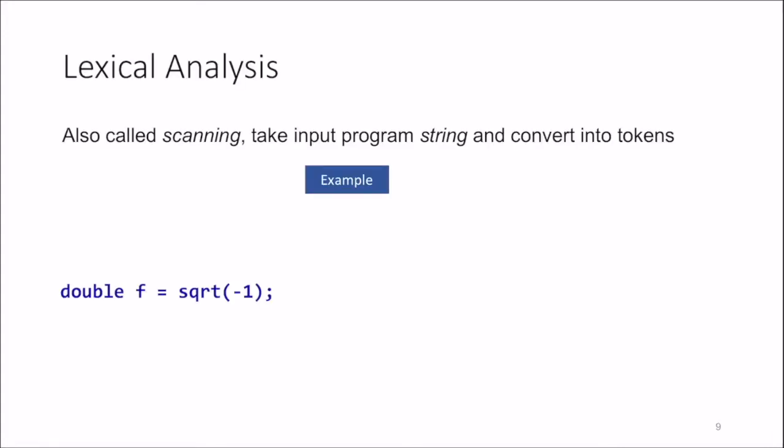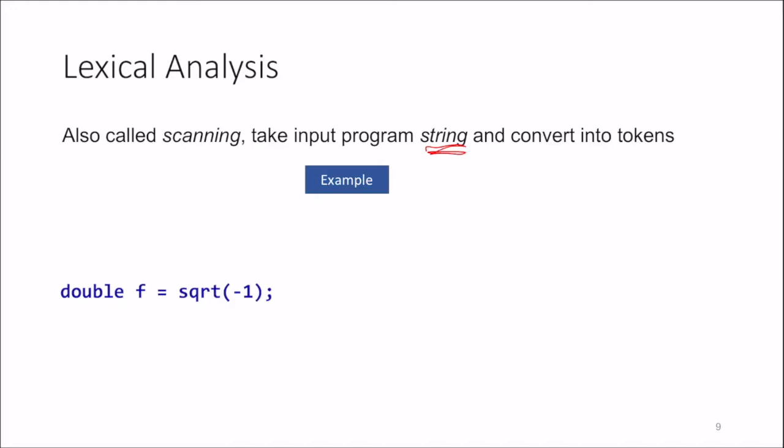We start with lexical analysis, which is the lowest level of analysis. Before we can read the entire program, we need to first focus on the letters and the words in the program. Lexical analysis, also called scanning, takes an input program string. Remember, the input is just an ASCII file.